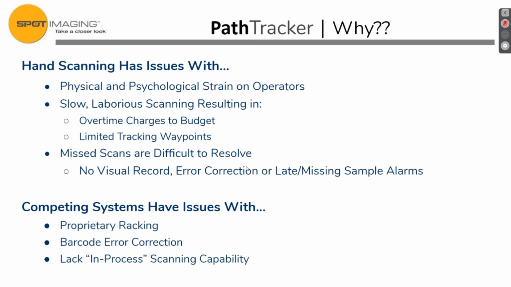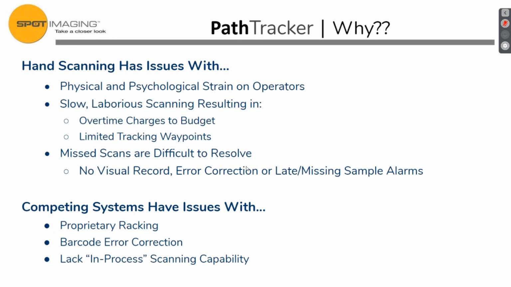Another problem that they have is missed scans. So when you're hand scanning in a container that has many cassettes or many slides, if you miss one, oftentimes you don't know it, or at the end, even if you get a message that says you missed one, the next question is which one?